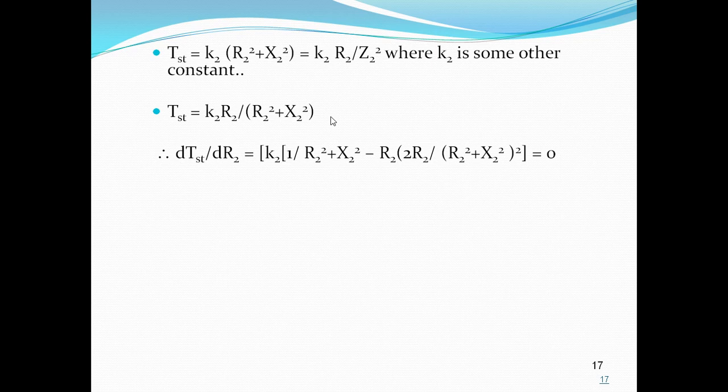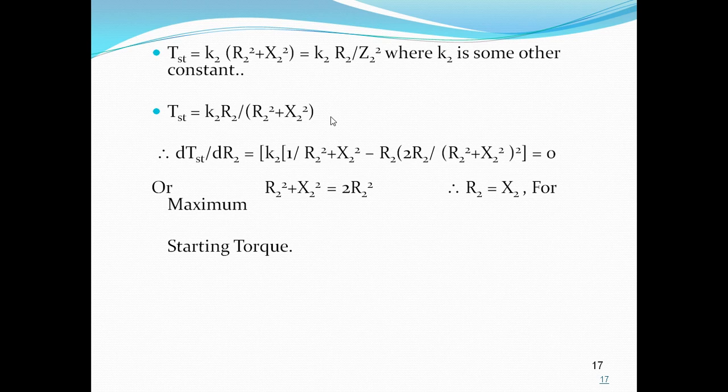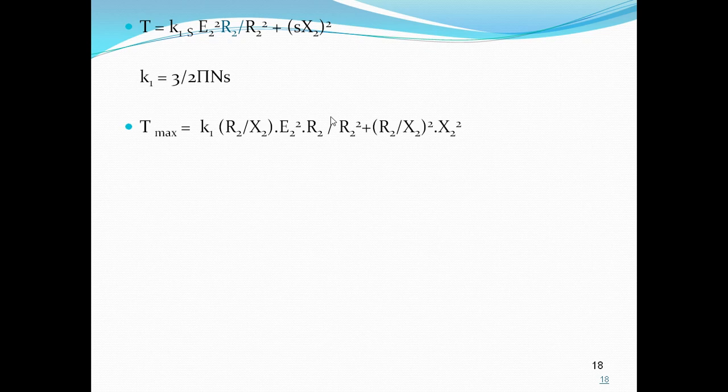Differentiate the starting torque and equate to 0. So we can get the maximum torque when R2 is equal to X2. So starting torque is at its maximum value. Substitute this value, that is K into E2 square by 2X2. This is the maximum torque value at the time of starting.